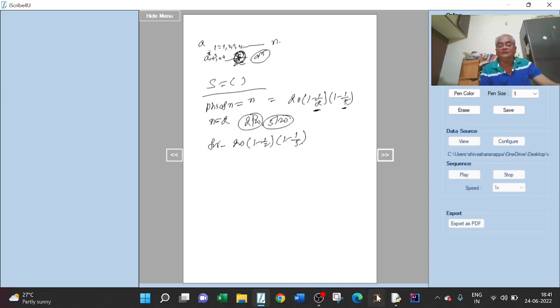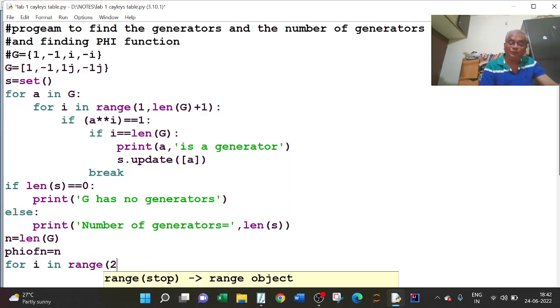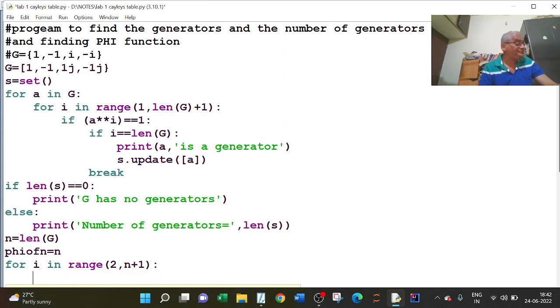I will use the for loop here. For I in range 2 to n plus 1, I have to go up to n here, so I write n plus 1, bracket close. For is there, I have to put a colon and press enter.